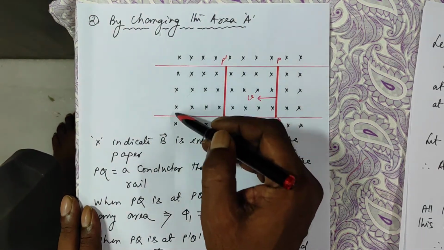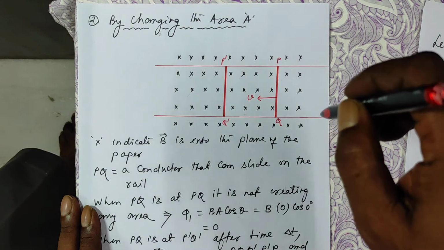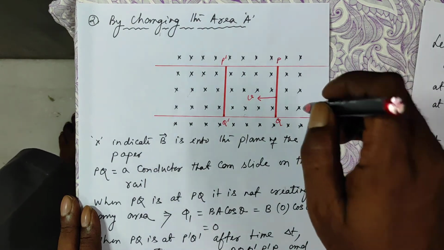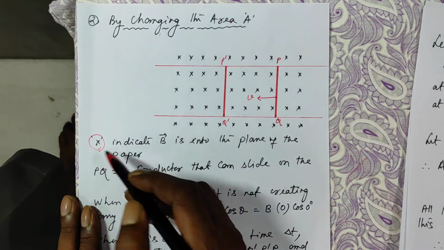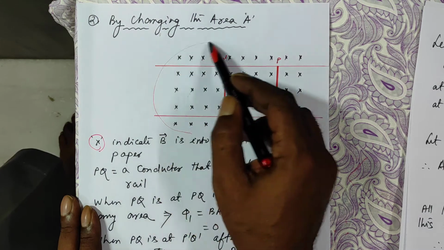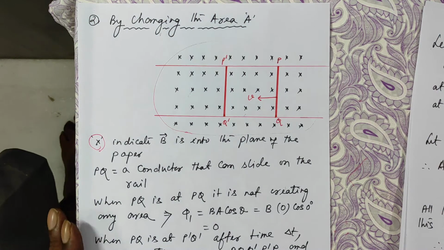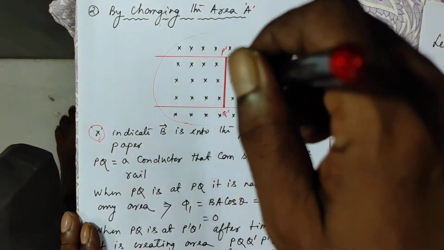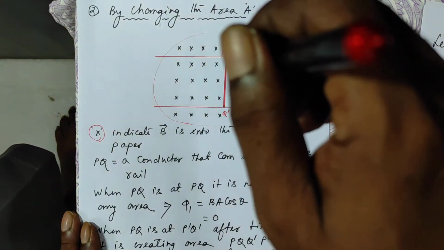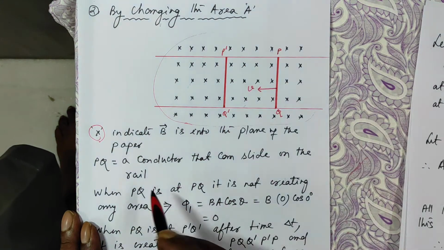And these black crosses indicate that the magnetic field lines are into the plane of the paper. In this region there is a magnetic field into the plane of the paper, meaning the field lines pass through the paper normally.